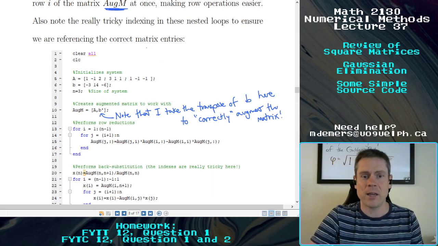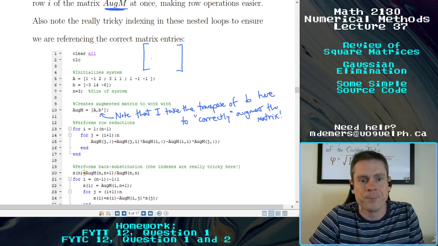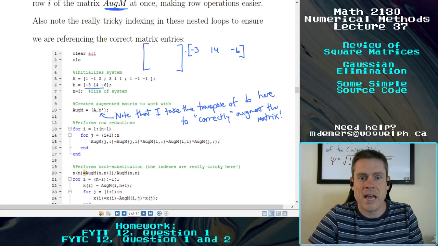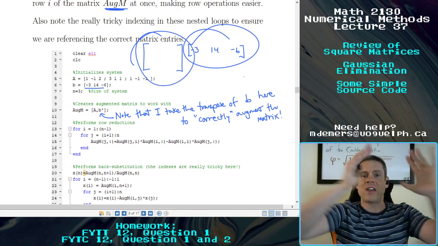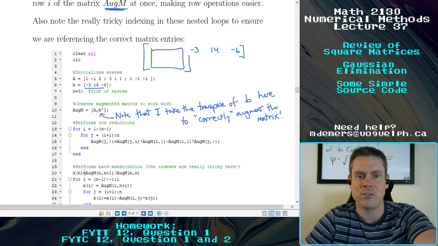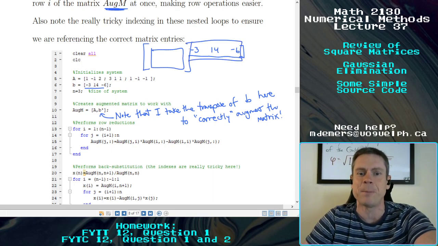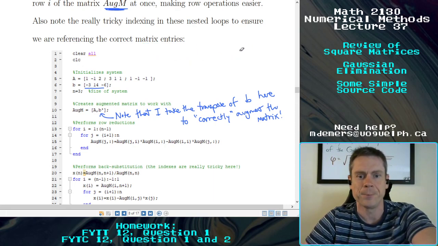If I didn't do it this way, it would be trying to take this matrix right here, which is defined by 1, -2, -1, 2, and so on and so forth, and a B vector, which is defined here as what looks like a row vector, and these don't augment correctly. I can't just append this. I would get a matrix that's shaped like a frying pan, right? I would get something that would require a 3 by 3 appended to this. I need to flip this first. I need to take the transpose for that to be defined properly. And that's what that step is doing.